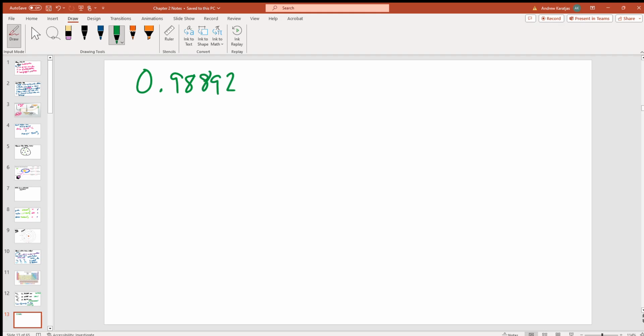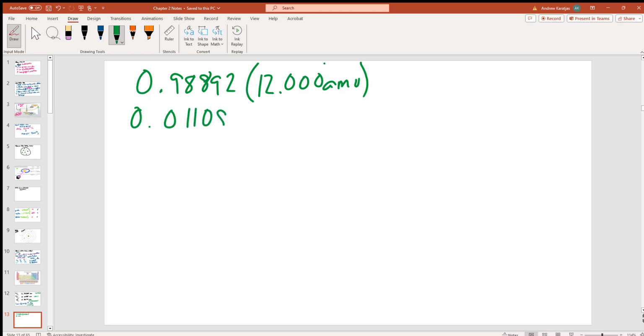So 98.892% of carbon-12, and then just over 1% of carbon-13.